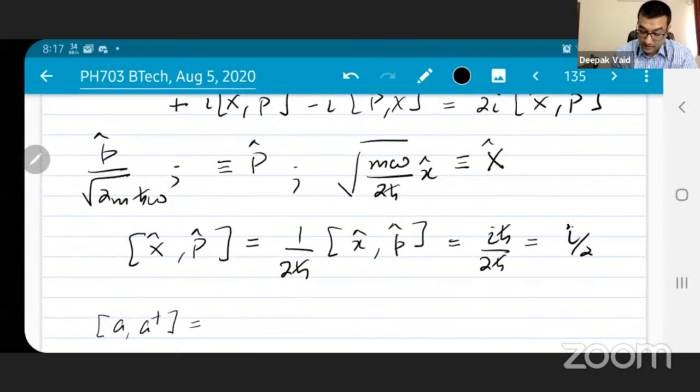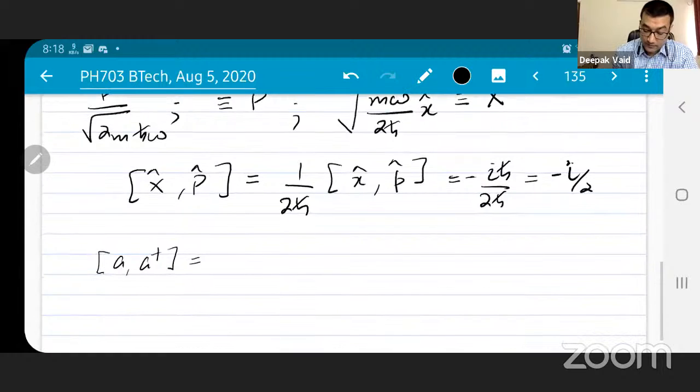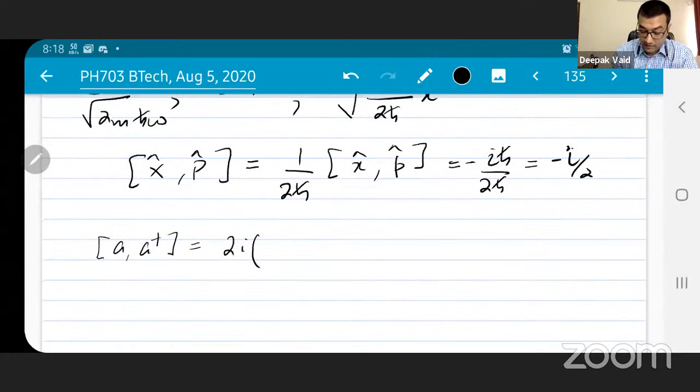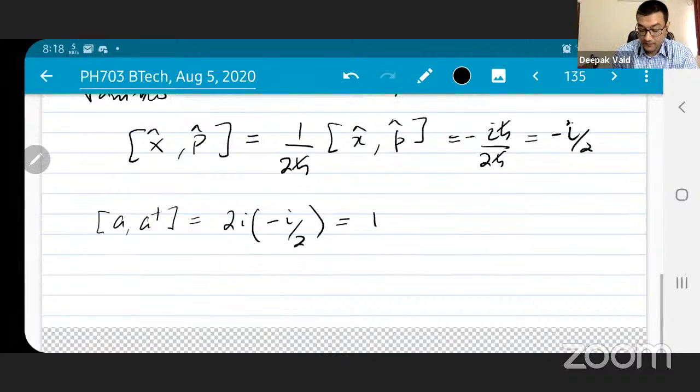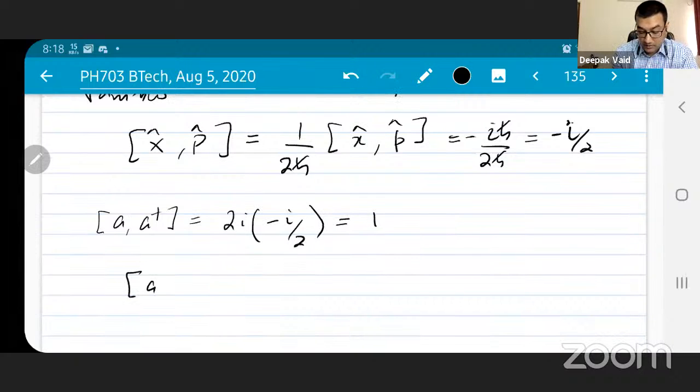So I guess I'm missing a minus sign somewhere, and so this will become 2i multiplied by minus i by 2, so you get 1. So the commutator of a and a dagger is 1.